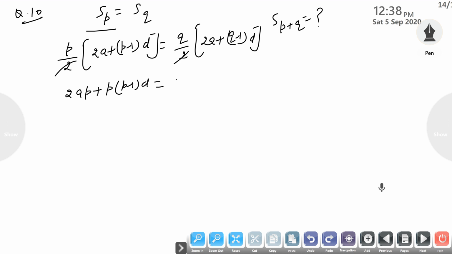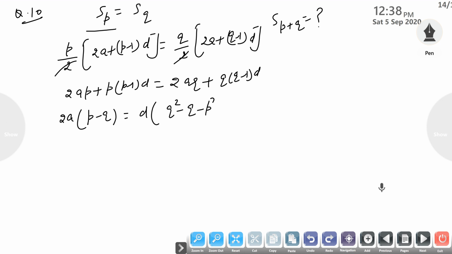This is equal to 2aq plus q into q minus 1 into d. Solving, we have to find the relation between a and d. Taking a on one side and d on the other side, taking 2a as common, we get p minus q, this is equal to, here taking d as common, q square minus q minus p square plus p.